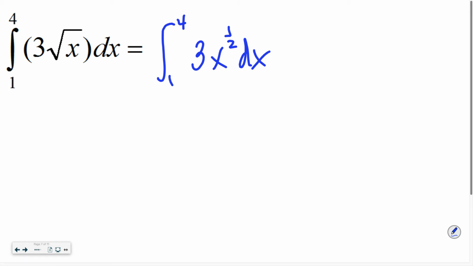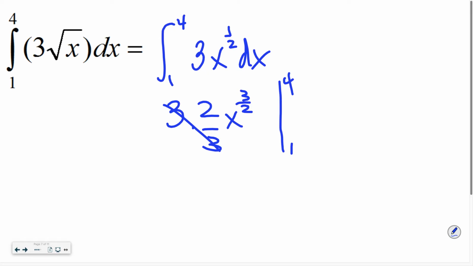Matt, what is the antiderivative? 2x to the 3/2. Okay? Since this is 3 times, and the exponent is 3/2, we say 2/3, and so those 3's canceled, which is how we got the 2 as a coefficient. And we are evaluating from 1 to 4. So we have 2 times 4 to the 3/2 minus 2 times 1 to the 3/2.